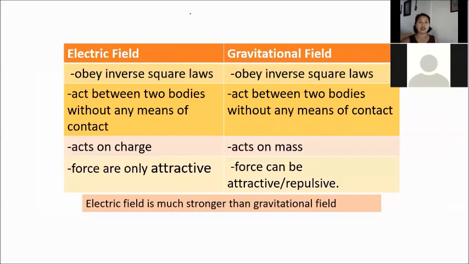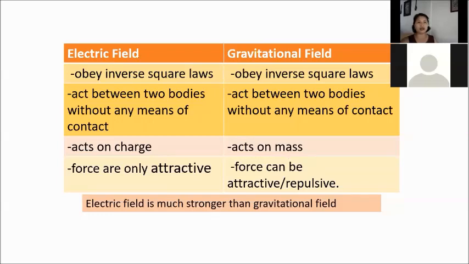Next, let us compare electric field to gravitational field. Both obey inverse square laws. Both act between two bodies without any means of contact, but they differ. The electric field acts on charge, while the gravitational field acts on mass.